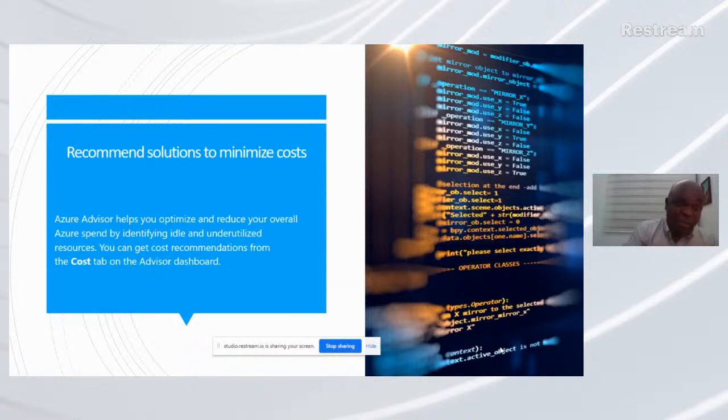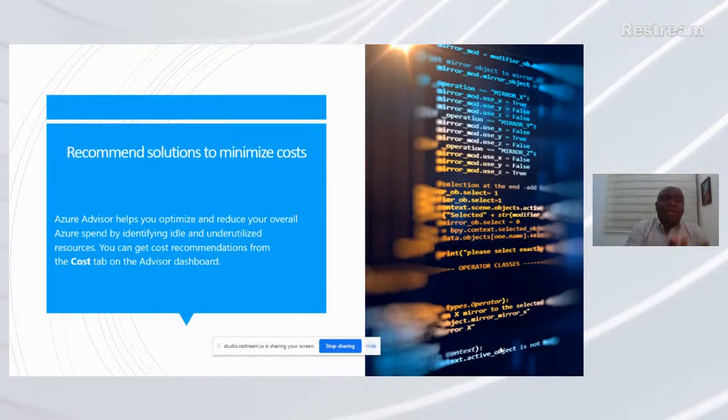The first section is talking about cost analysis, which is what we've just looked at. The second section is talking about recommendation of a solution to minimize costs. For that, we're going to be looking at the Azure Advisor.